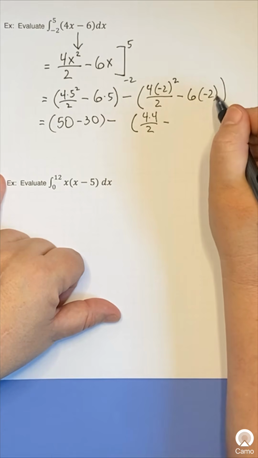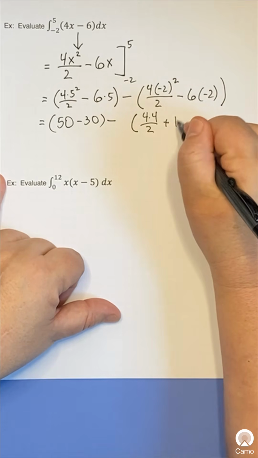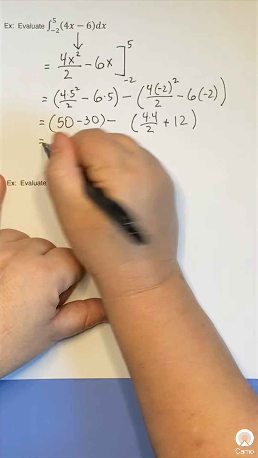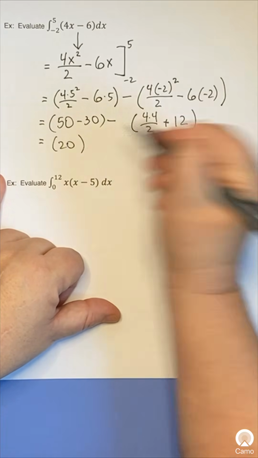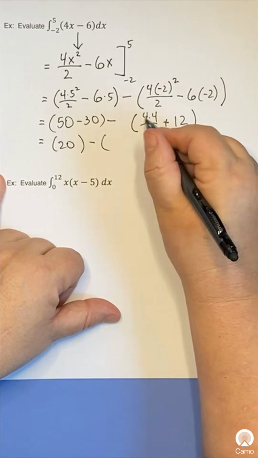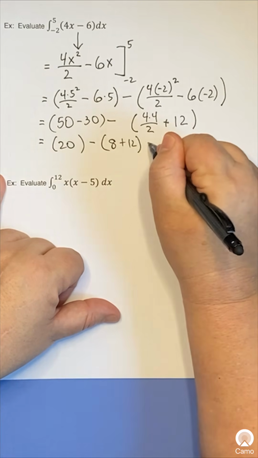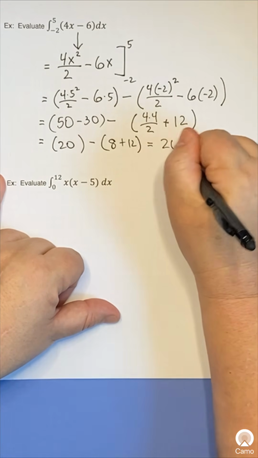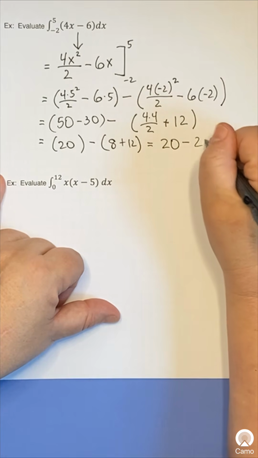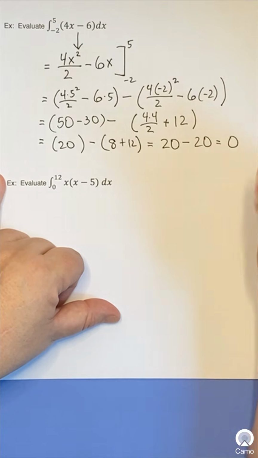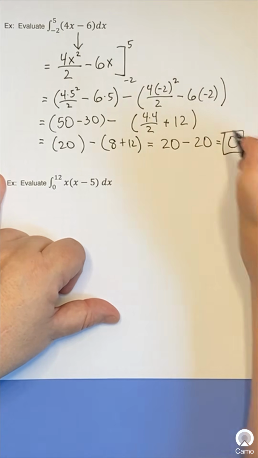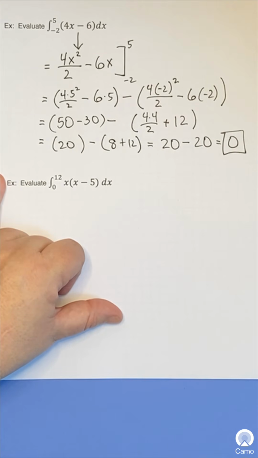Minus 6 times -2 is plus 12. So let's see, this is going to be 20 minus 8 plus 12. So it's 20 minus 20. So the whole thing is going to give me 0, which is kind of interesting, isn't it?